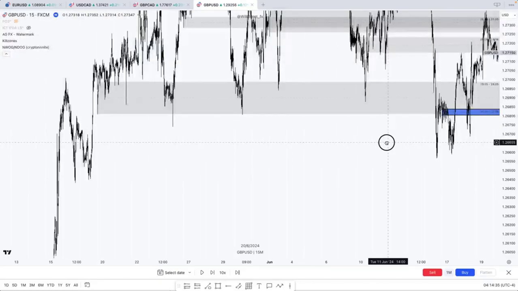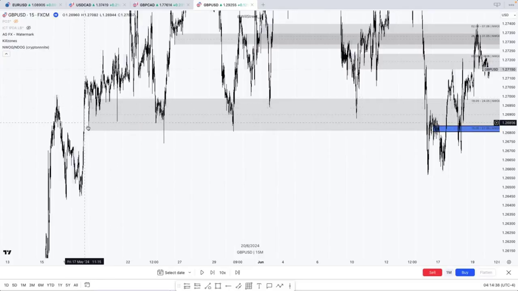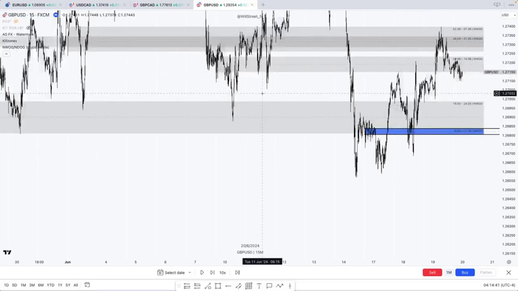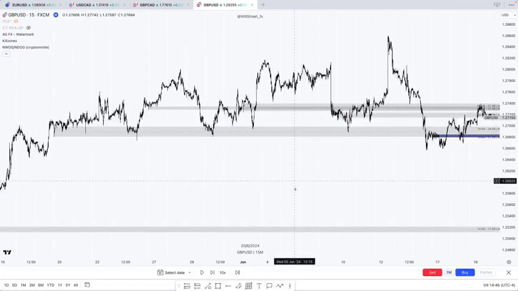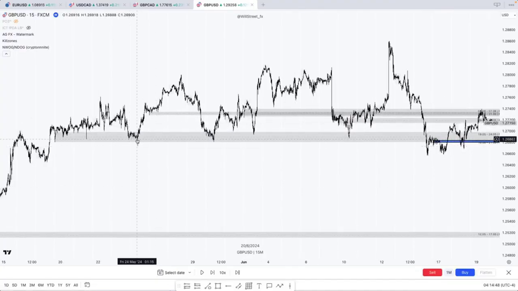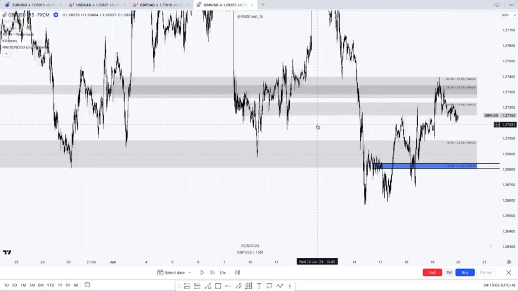So in this case, I will delete this one because it's too big and it disturbs my vision. I mean, I don't like seeing this. Look at how it acts like a resistance, and finally it breaks.